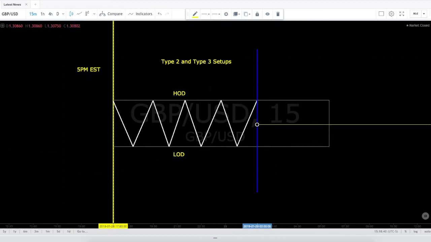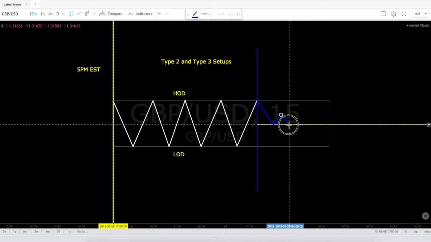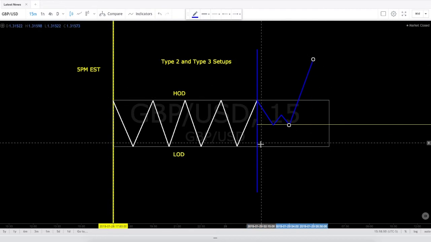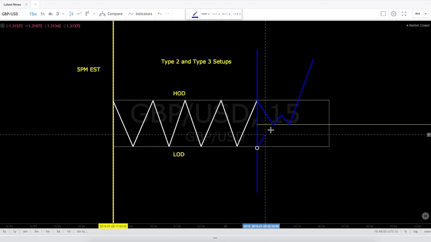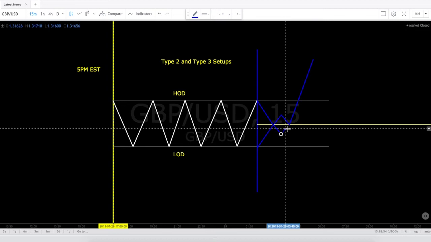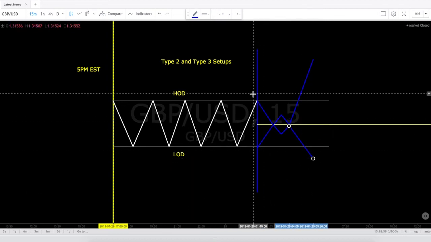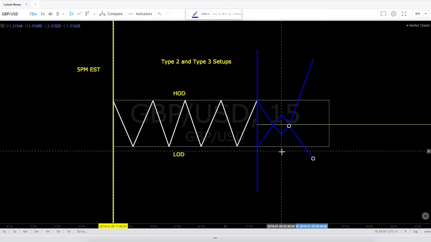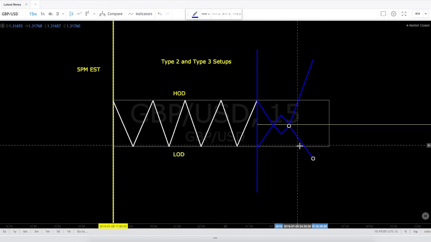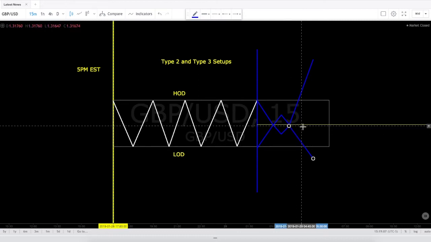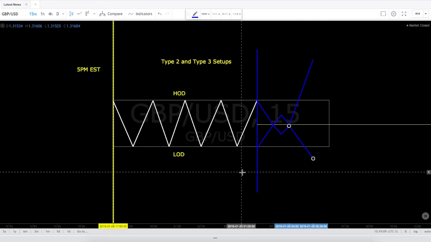So this is what a type 3 setup would look like, something like this, right? Or something like this. Okay, a move that goes back up to the middle of the range, comes back down to reaccumulate and retest that middle of the range again.